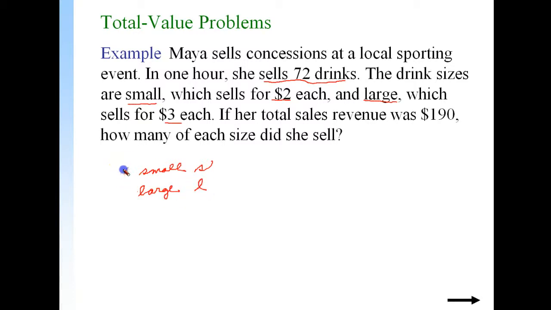Now you can think of this as an X and a Y if you'd like, and in fact I think that's probably the letters they will be using later. Okay, now do we know how many small? Nope. Do we know how many large? No. But we know together the small plus the large will equal 72. Does that make sense? That was the total number of drinks, and there's two types.